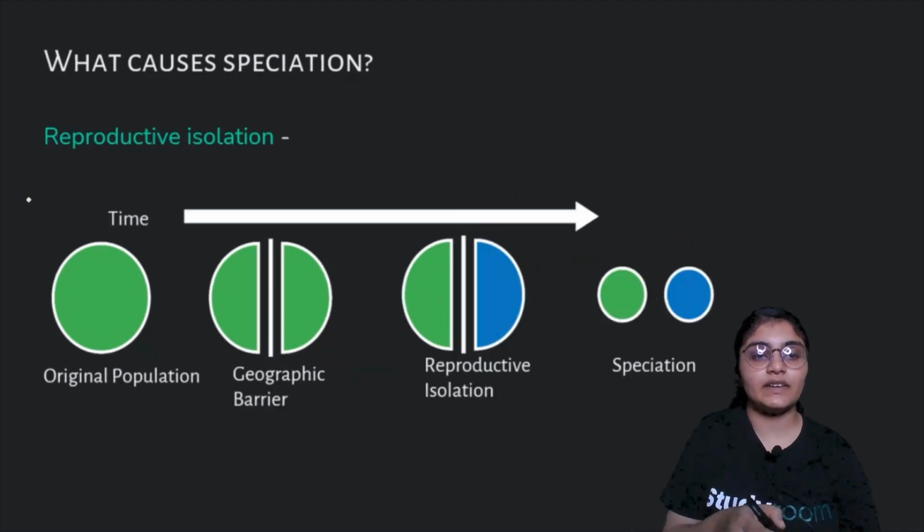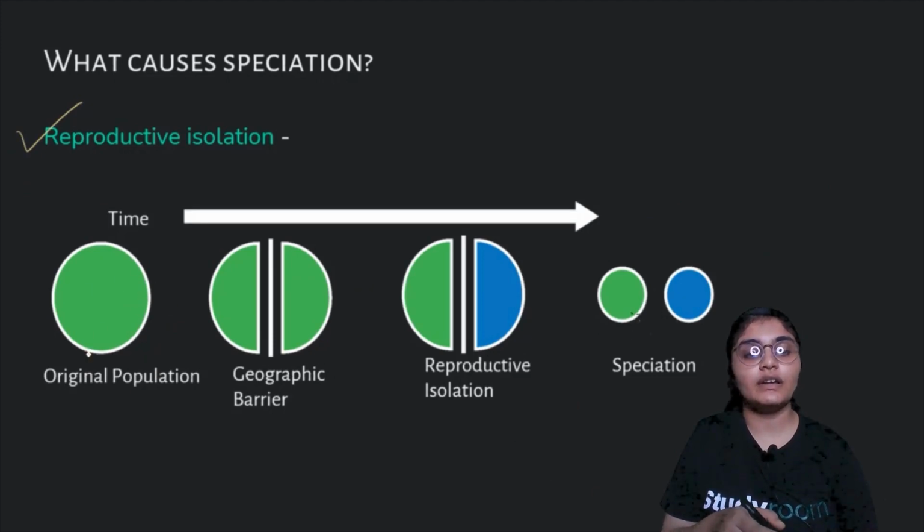The next factor is reproductive isolation. Here the original population is divided by a geographical barrier, and the populations grow independently of each other, and hence there is reproductive isolation. Why?